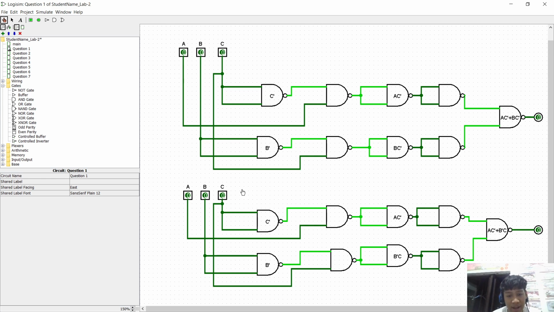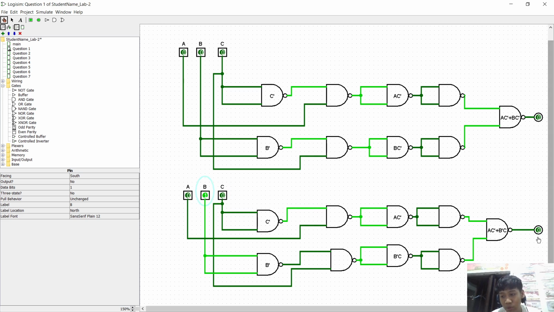The next, the C input will have an input of 1, therefore it will have a 1. And then for the next line, B has an input of 1, the output is 0. And then for the next line, B and C has inputs of 1, therefore the output will be 0.